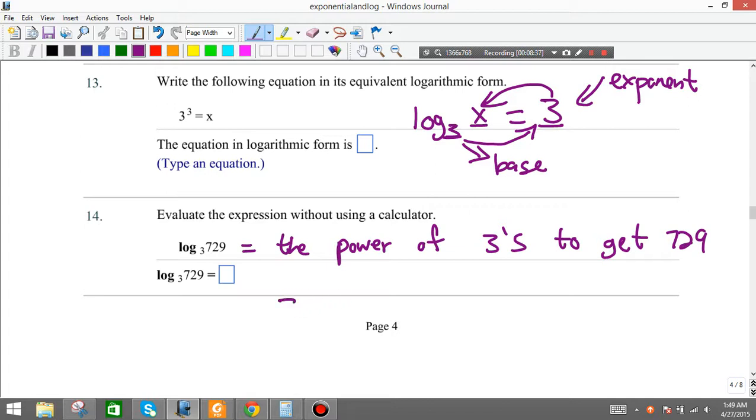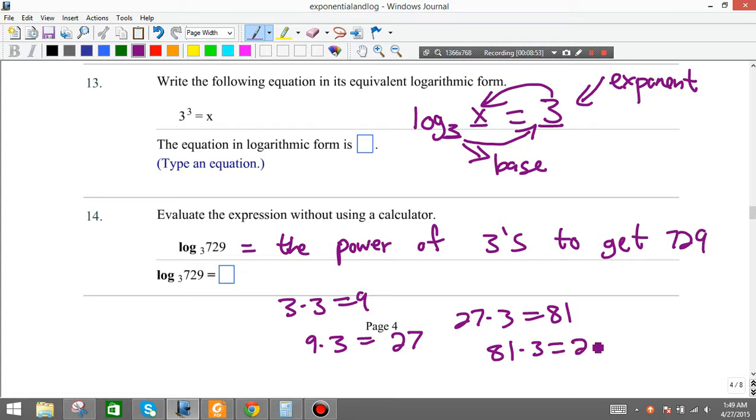So 3 times 3 is 9, 9 times 3 equals 27, 27 times 3 is 81, 81 times 3 equals 243, 243 times 3 is 729. So what we've just learned is that 3 to the 1, 2, 3, 4, 5, 6, 3 to the 6 is 729.